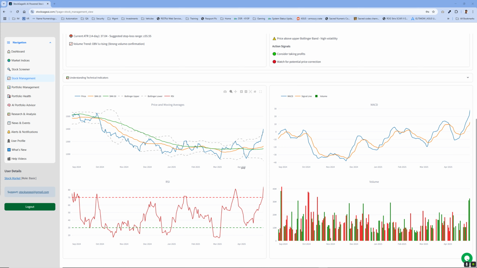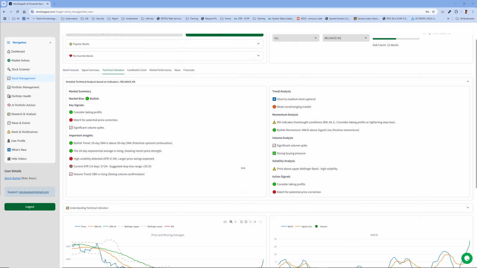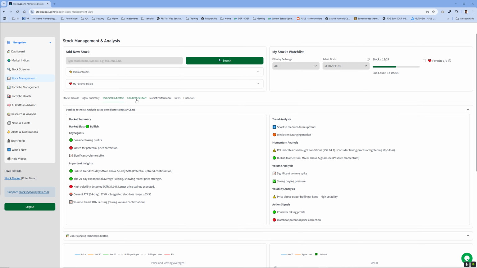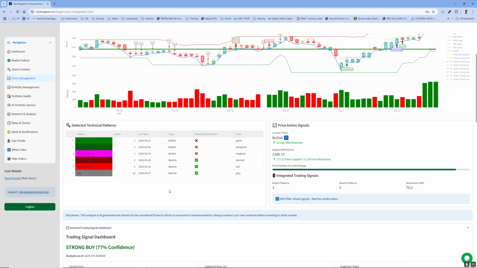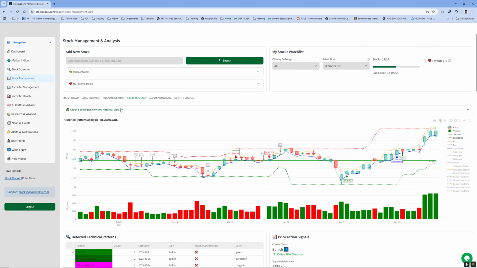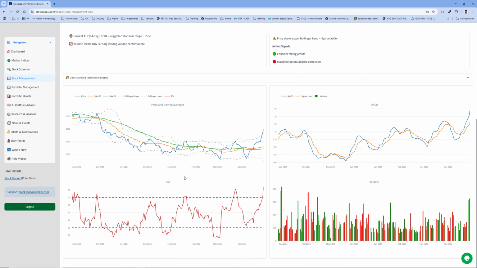Shorter time frames like daily charts are suitable for short-term trading decisions, while weekly or monthly charts can help identify long-term trends. For short-term analysis, you can look at the candlestick chart and do pattern analysis and other things. But from a long-term perspective, let's understand how things work out.